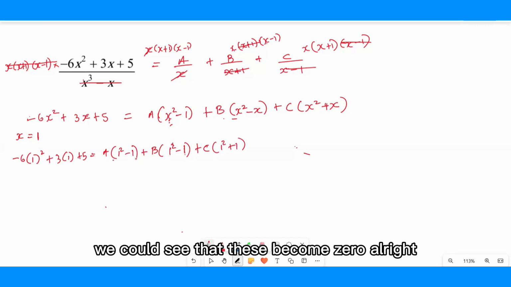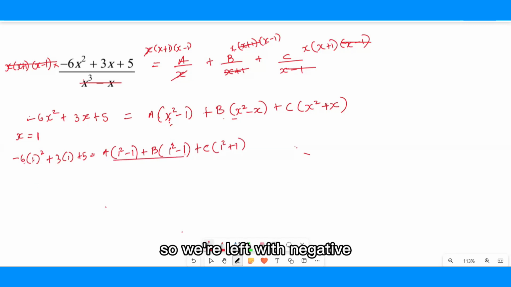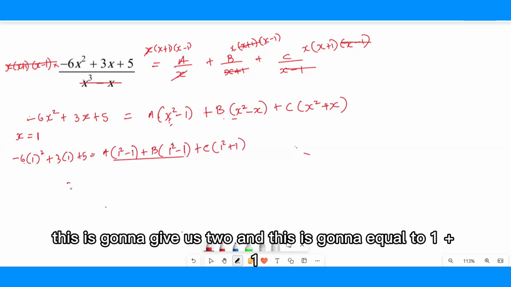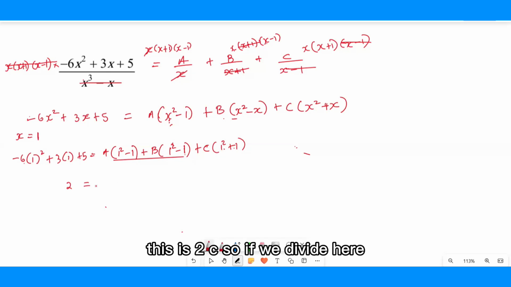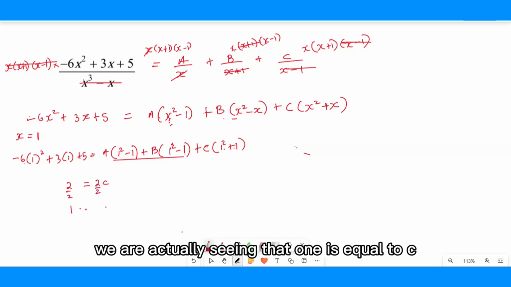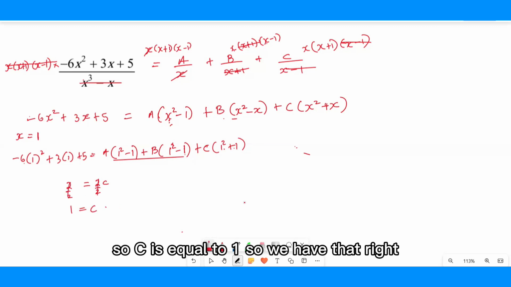We could see that these become 0, all right? So we're left with negative 6 plus 3 plus 5. This is going to give us 2, and this is going to equal 1 plus 1, which is 2c. If we divide here, we see that 1 is equal to c. So c is equal to 1.